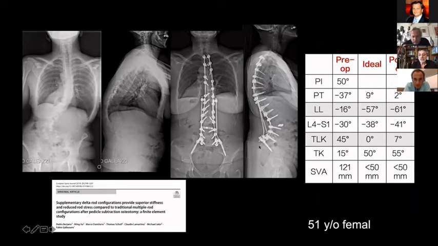This is a very simple and cheap way to reinforce the posterior instrumentation, especially when you perform a PSO. Very often you have to add also a large cage, just in order to restore the anterior column stability.